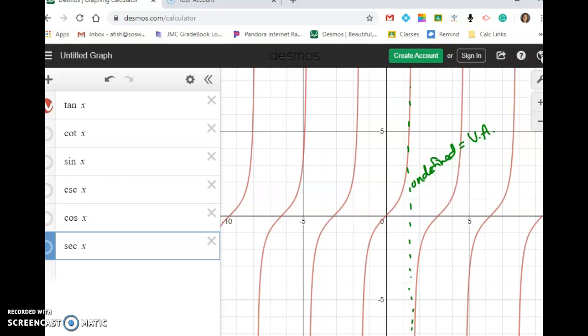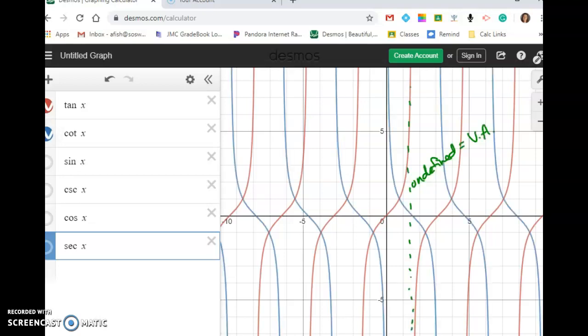Since the cotangent is 1 over tangent, the graph looks pretty similar, but notice here the vertical asymptotes for the cotangent graph actually occur where the zeros are located on the tangent graph. So if you notice here, this is my vertical asymptote for the cotangent, sorry, I said that incorrectly.